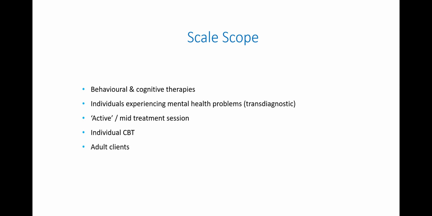We also wanted a scale that was applicable to a wide range of training and practice settings, so including those where clinicians actually delivered a variety of different CBT protocols and worked with patients experiencing a wide range of different mental health problems. So that's why we decided to focus on those skills which are evident in an active treatment session and those that are relevant across different treatment groups and protocols.